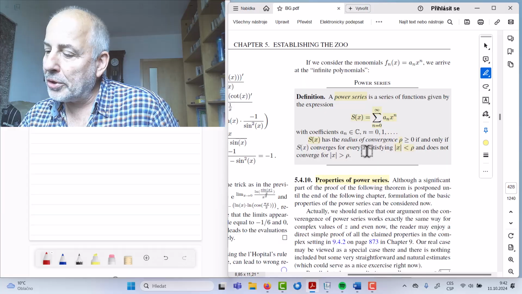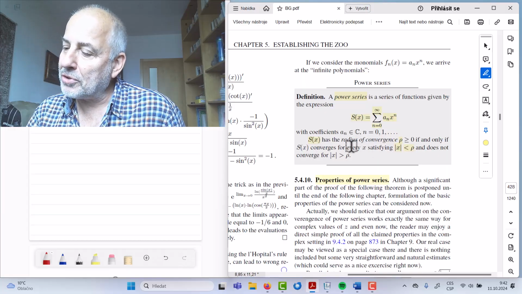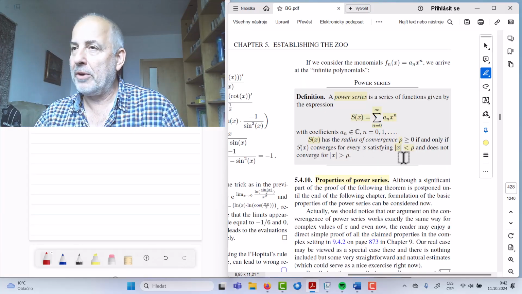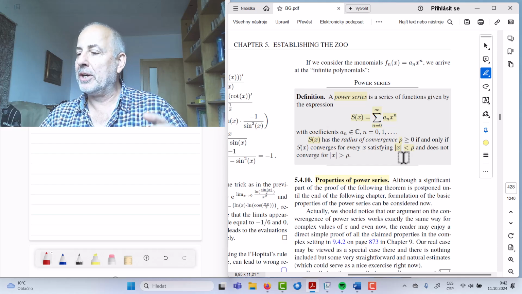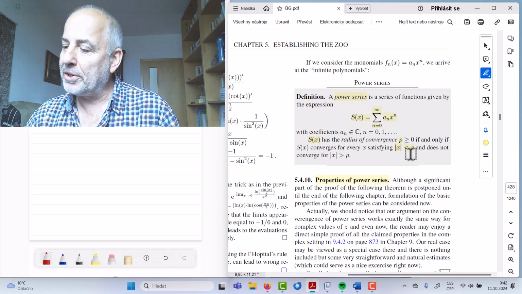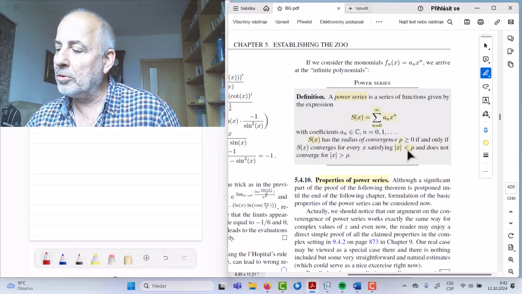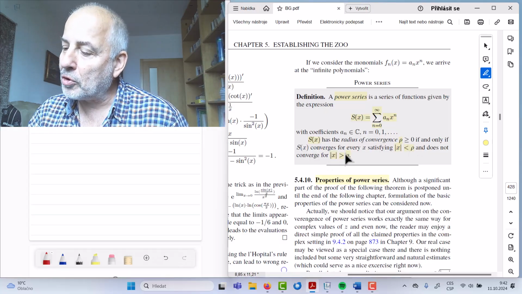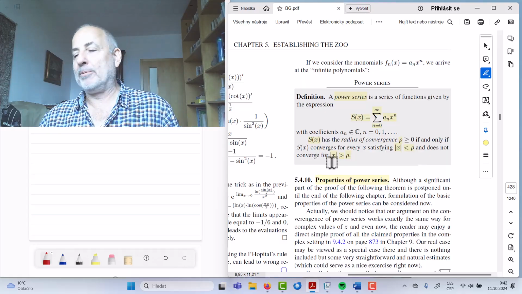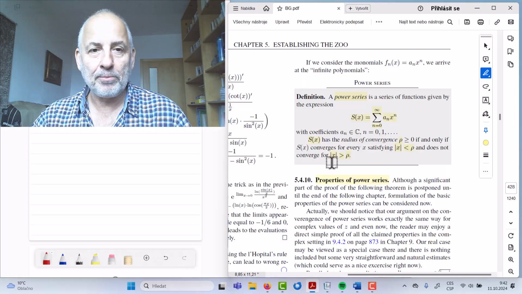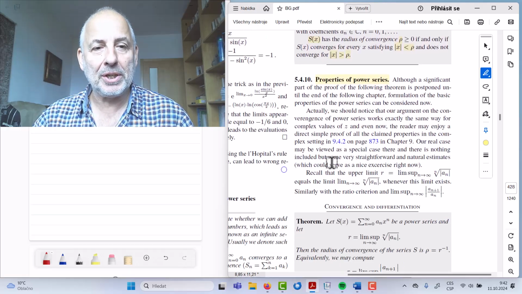So we say that S(x) has radius of convergence rho if it converges for x inside of the disk of radius rho, and it diverges for strictly bigger absolute value of x. So that's the convergence disk.